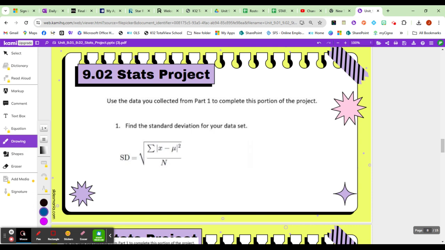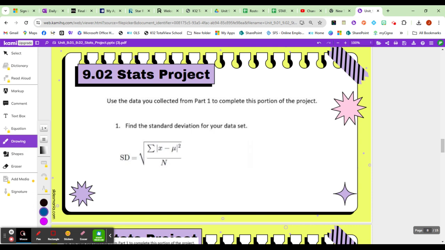My numbers went from 10 as my minimum number of years to 70 as my maximum. And my mean was 29.5 years. So I'm going to use the data I collected and the mean I found from my 9.01 project, and you're going to need to use your 20 numbers that you chose for your 9.01 project.